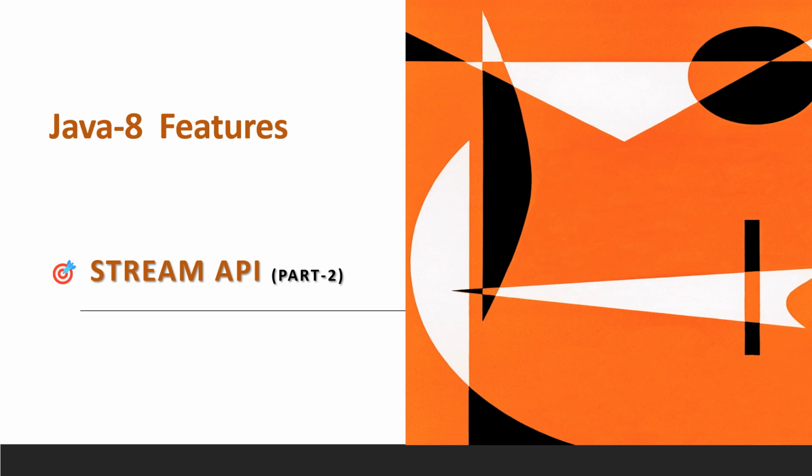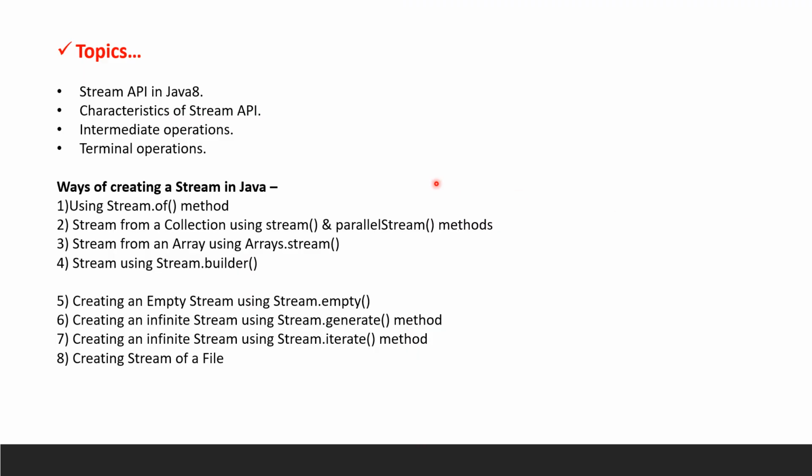Let's get quickly started. So in the last part 1 video, to recap and have a quick glance, let's see what we have covered: Stream API in Java 8, its characteristics, intermediate operations, terminal operations, and methods of creating a stream in Java.